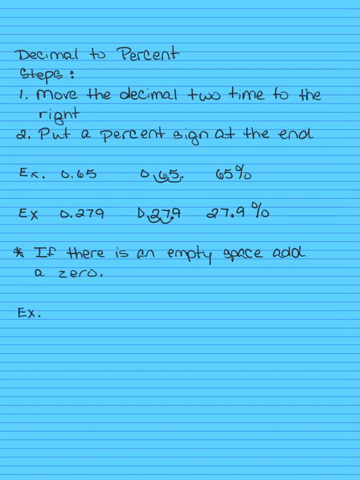So an example would be 0.4. I'm going to move my decimal 2 places to the right. I have an empty spot, so I'm going to add a 0. So my 0.4 written as a percent is 40%.